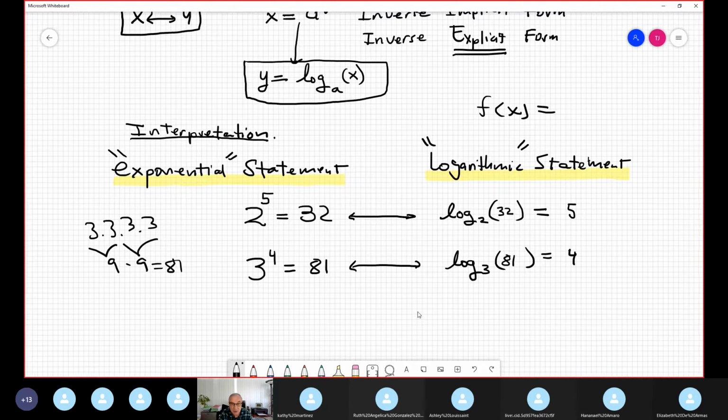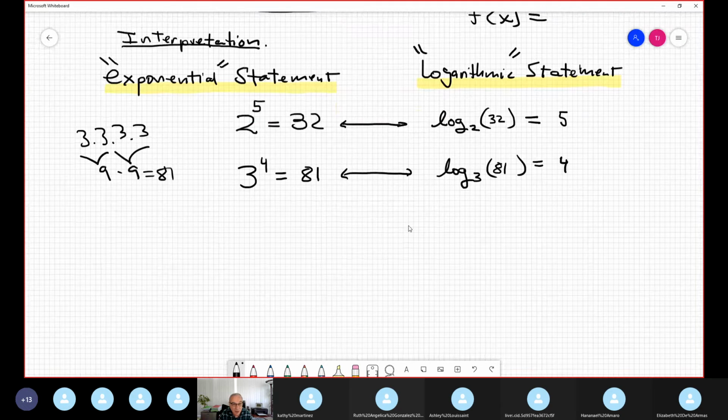So in general, in the exponential statement, we have the base. We have the exponent. I want to call this guy the result. Result of what? Well, the result of the exponential statement.